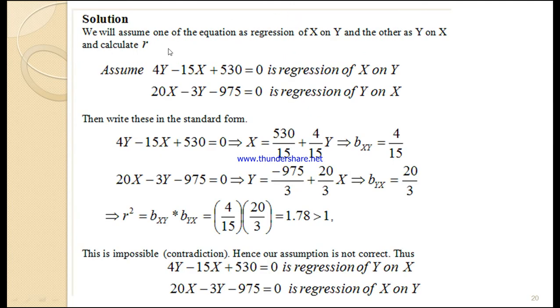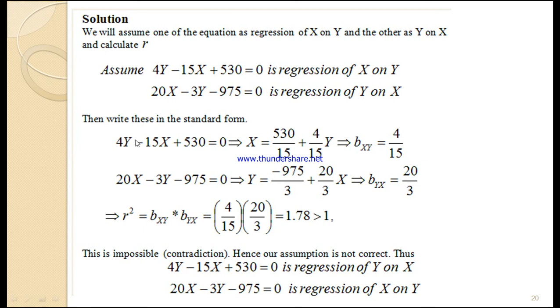We assume one of the equations is the regression of x on y and the other is y on x, and then we calculate R. Let us assume that 4y minus 15x plus 530 equals 0 is the regression of x on y, and 20x minus 3y minus 975 equals 0 is the regression of y on x.